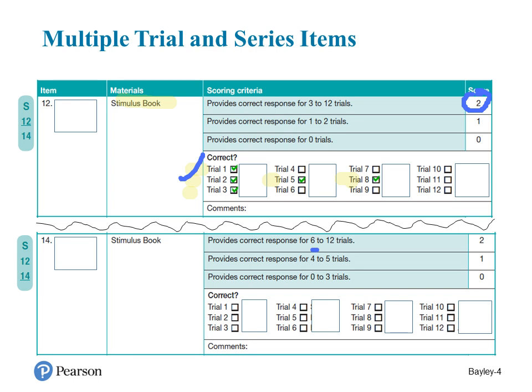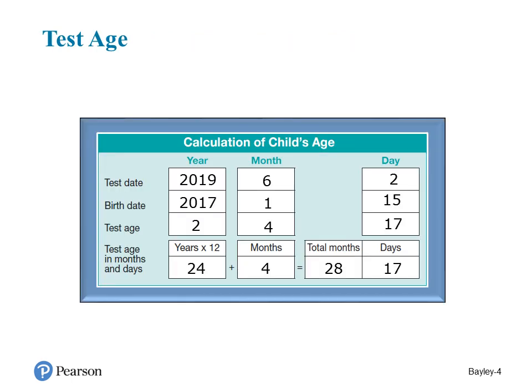In fact, the child got 5 correct, so we would assign a score of 1. So series items, just like on Bayley-4 Screening Test, you administer the first item that you encounter in the series, and then you use the child's performance on that item to score the other items that you meet along the way.